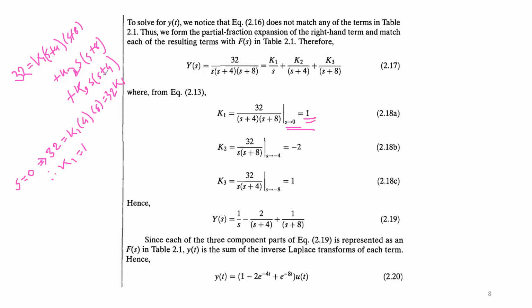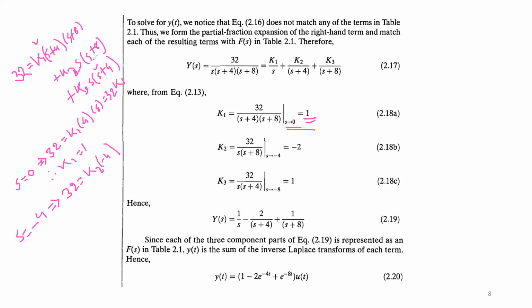Next, put s equal to minus 4. If you put s equal to -4, then this term would be 0, this term would be 0, and this term would remain. That means 32 is equal to k2 into -4.